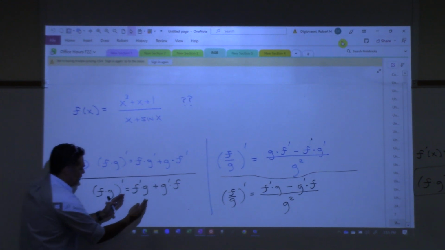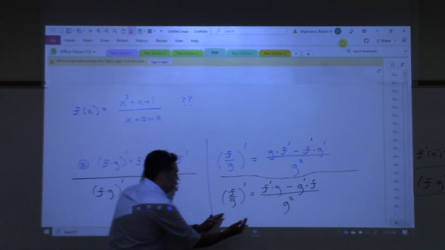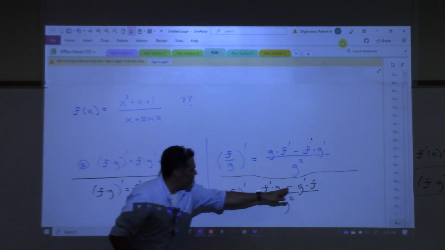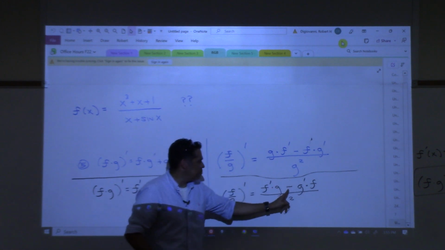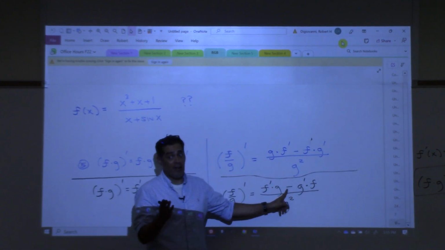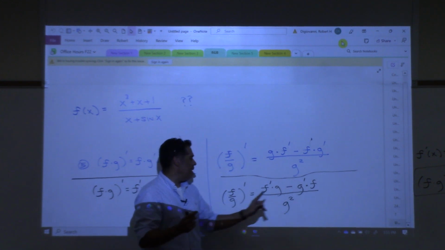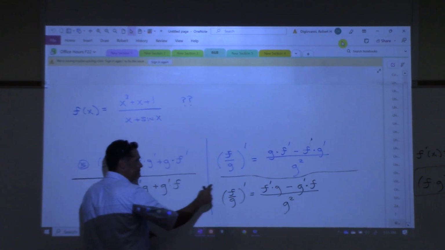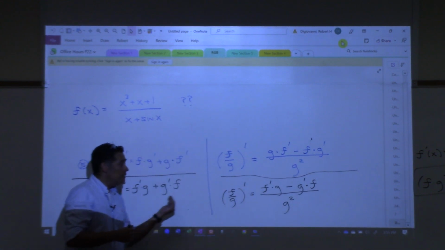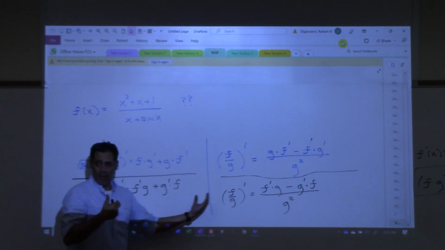What's the difference between this formula and this formula if you look at my version? Is there any difference between this and what's up here? Just subtraction, right? Plus here, minus here. That's not a huge difference, is it? So just remembering that when you're doing a quotient, that plus becomes a minus, and then you have to divide by g squared, right? So these formulas are very similar to one another, aren't they?